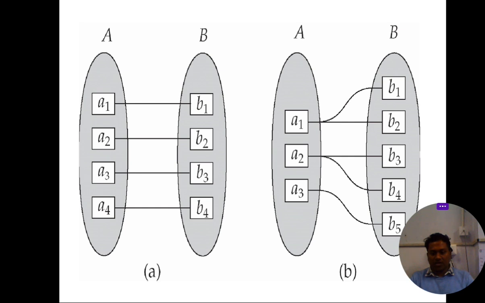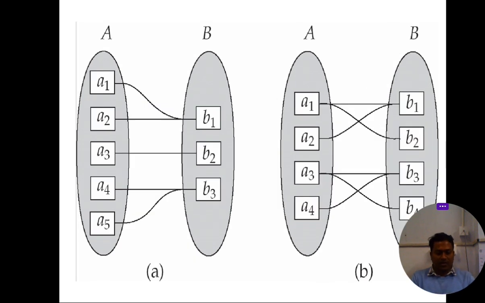You can see A3 and B5 are only one to one, but on the left-hand side, the first entity A is the one connected with many.